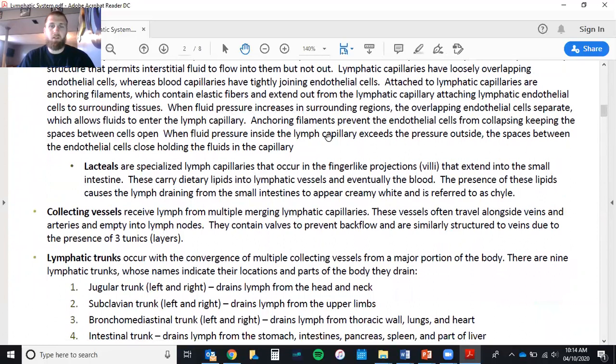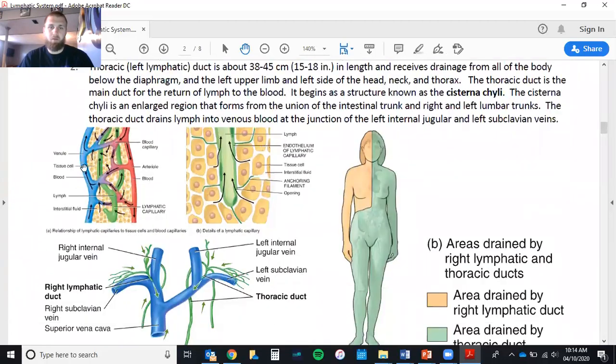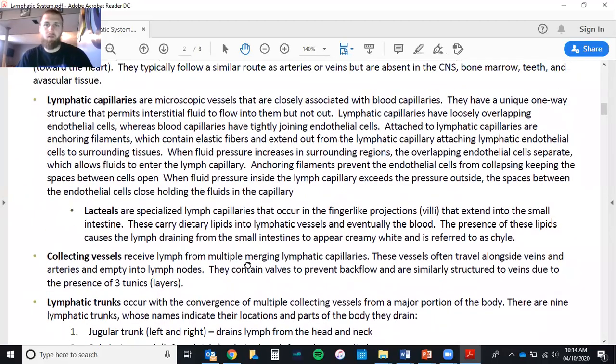When fluid pressure inside the lymphatic capillary exceeds the pressure outside, the spaces between the endothelial cells close, holding the fluid in the capillary. So once the pressure builds up here, higher than out here, those cells snap back shut, and the fluid will not go back out. So that's how it's a one-way in, not out situation.